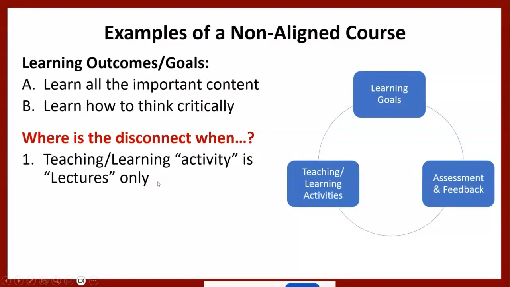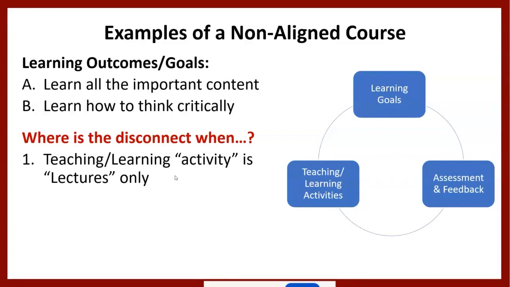So where then is the disconnect between what it is you're actually doing in the class versus what it is that you were originally wanting to do? What were your original outcomes or your goals? So where is the disconnect between the teaching learning activity just being lectures when you really wanted them to learn how to think critically?